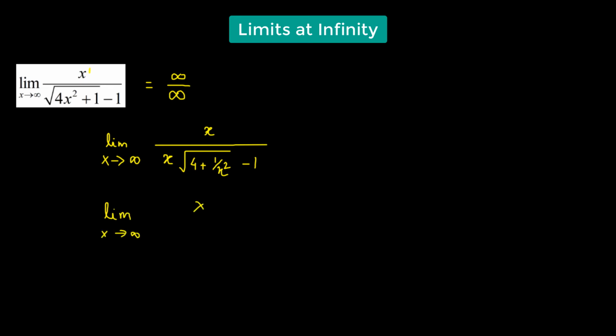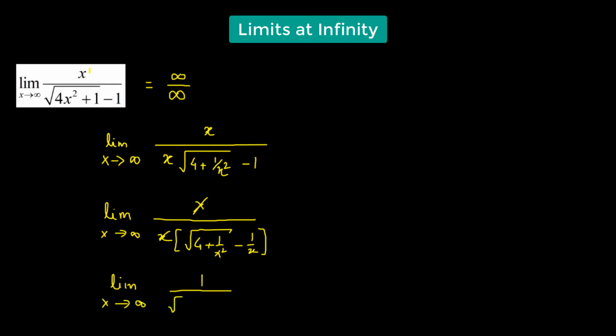So that leaves us with x over x multiplied by square root of 4 plus 1 over x squared minus 1 over x. So we cancel out x from both the numerator and the denominator, and that leaves us with the limit as x goes to infinity of 1 over square root of 4 plus 1 over x squared minus 1 over x.